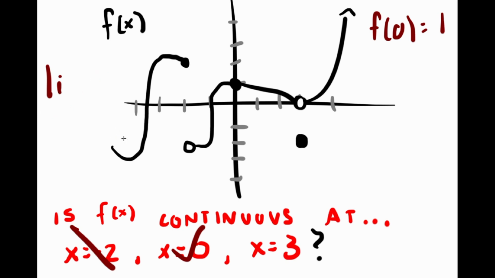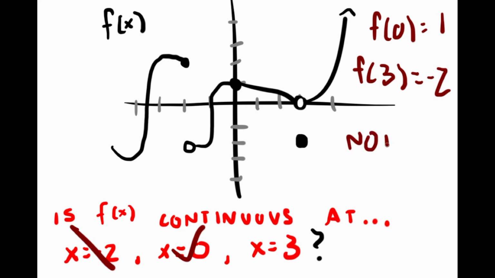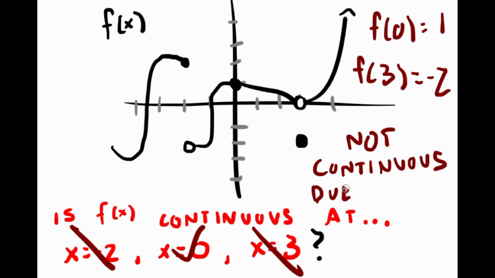So let's say f of 3 is equal to -2, but not continuous due to the hole.